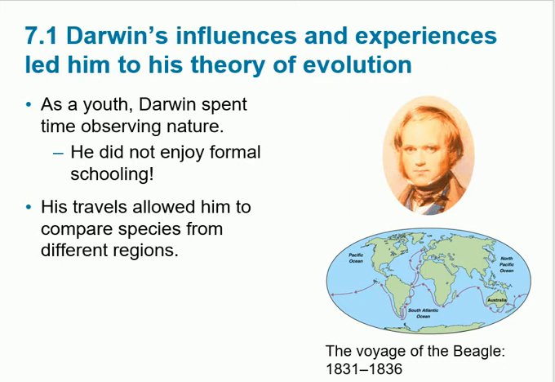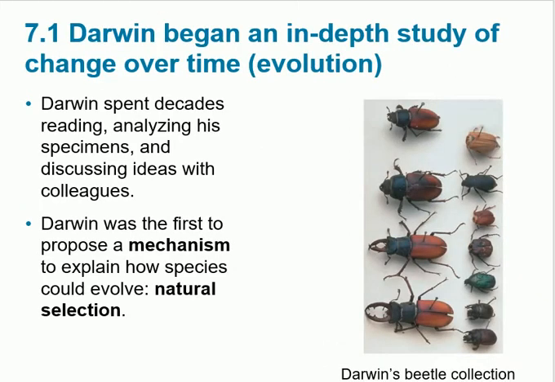And from his observation, he traveled to a lot of different continents and different areas and countries, observing everything. So he started also to read, analyze, and look at specimens and discuss the ideas until he proposed the mechanism upon which the explanation of natural selection started. Okay?